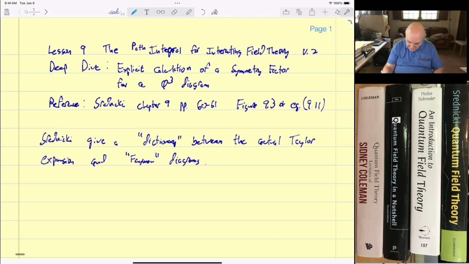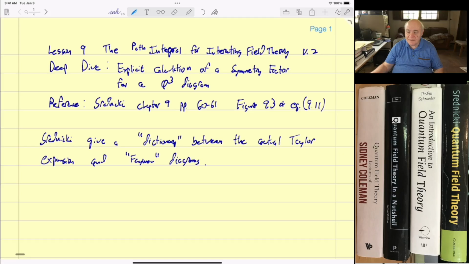The purpose of the diagrams is to give you a way to do it automatically and not worry about all the numerical factors and so on. The idea is to do it once, work it out, and then you can always just draw a diagram and give the perturbation expansion.